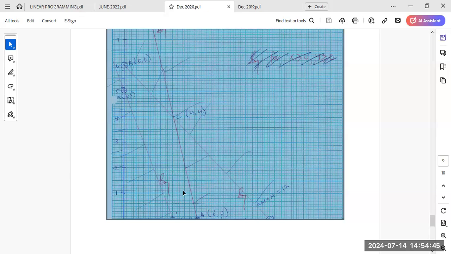You can indicate A. You show that this is your A. Put here A. This is B, point B. This is C, everywhere where you have the meeting point. Then this is D.